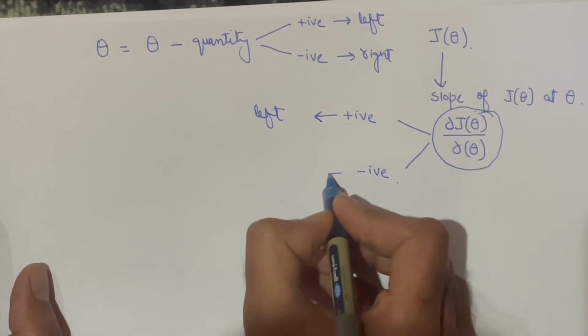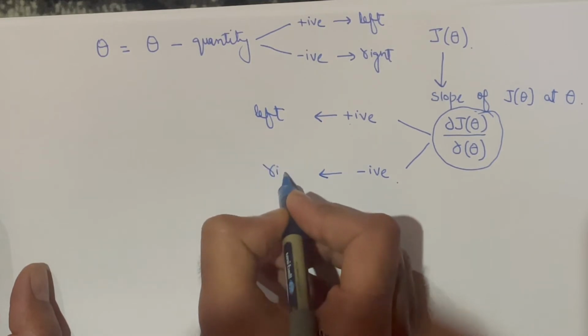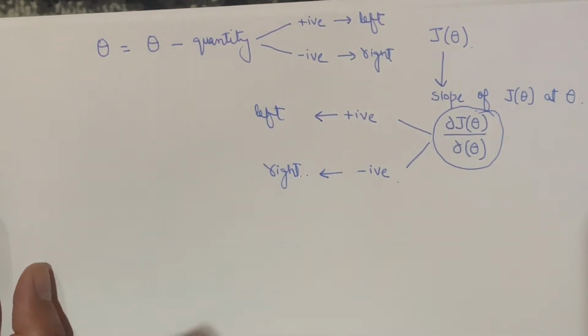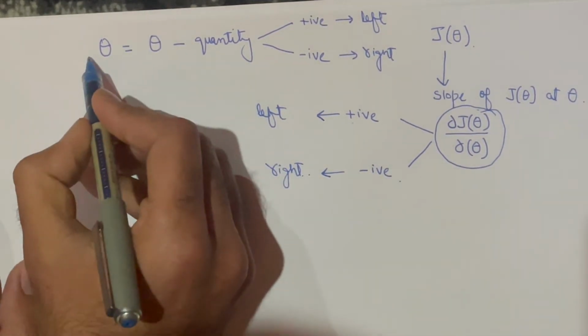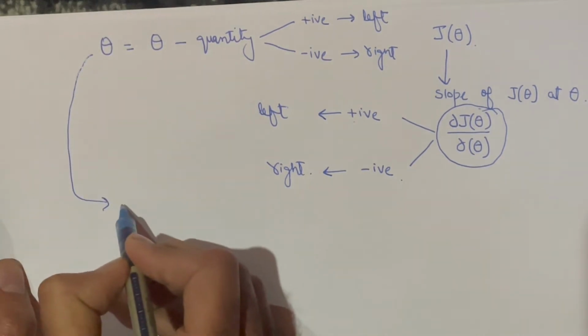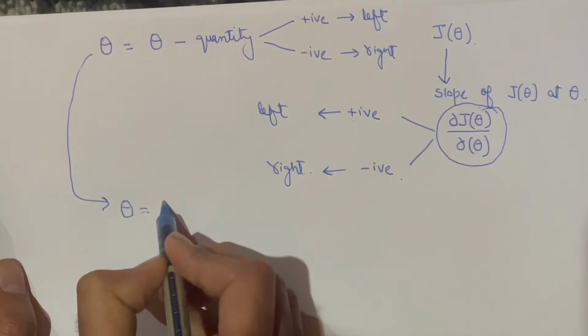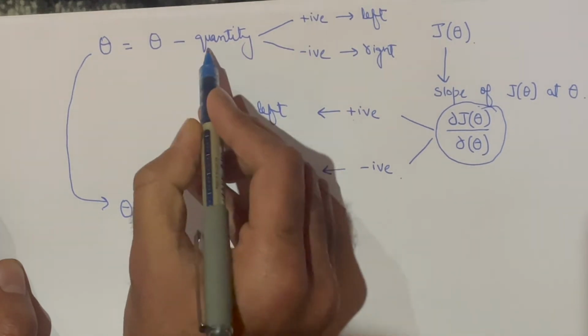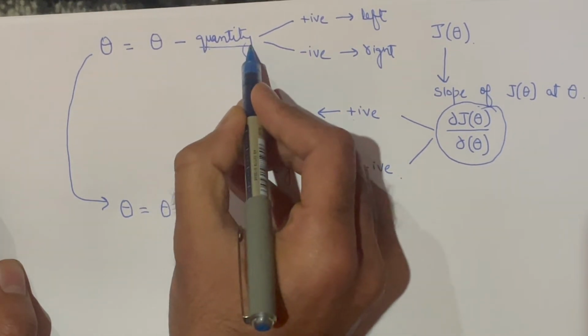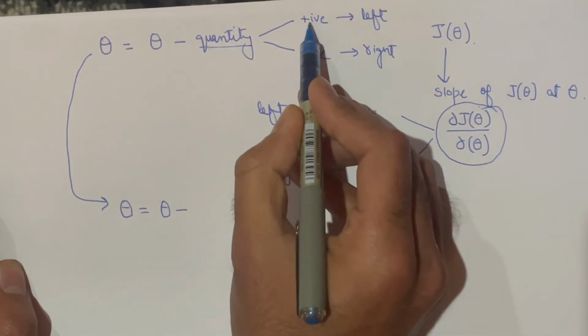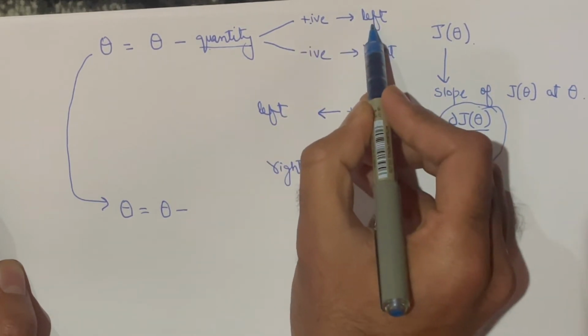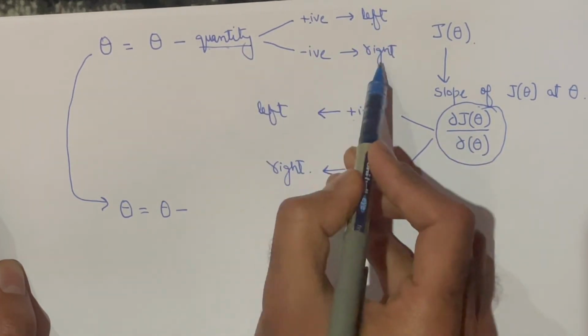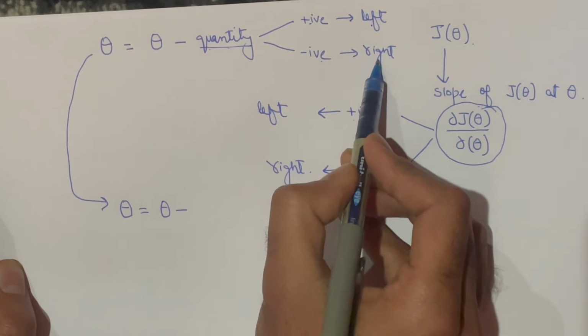And if it is negative, then we have to move in the right direction. Now, as I said, theta will be equal to theta minus quantity. This quantity should be positive if I have to move in the left direction, and negative if I move in the right direction.